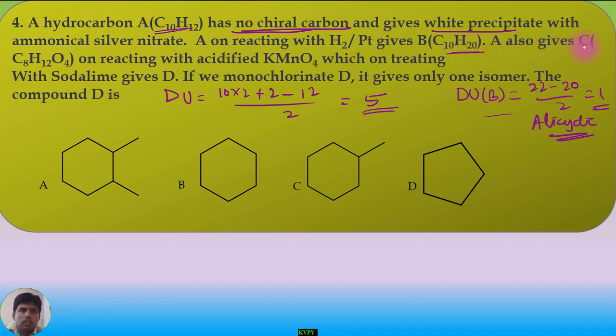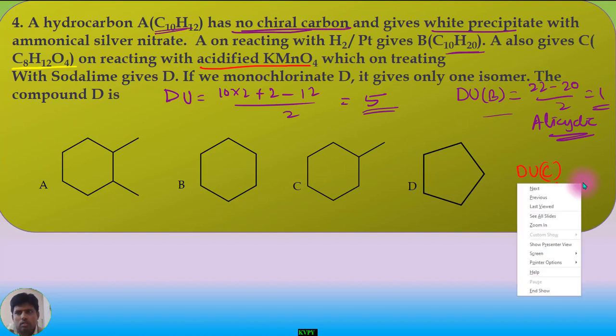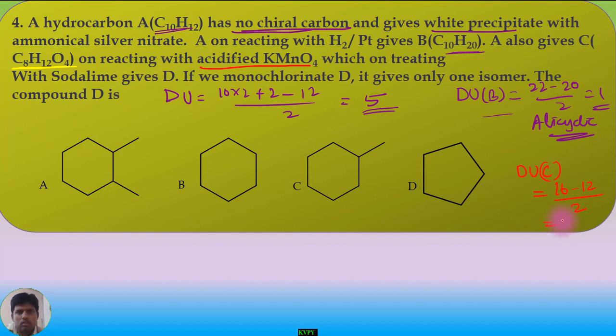A also gives C on reacting with acidified KMnO4, and C has 4 oxygens. DU of C, if we find out, is (18 minus 12) by 2.